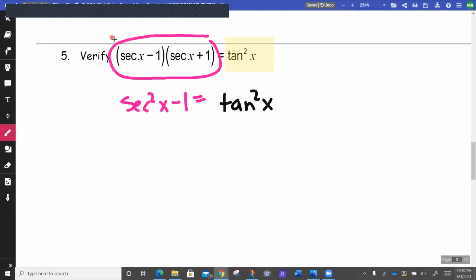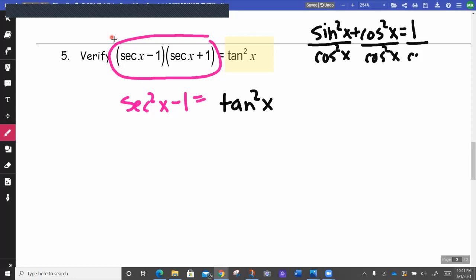So I'm just going to remind us that if I have sine squared x plus cosine squared x equals 1, that is a trig identity. I can get a tangent by dividing by cosine squared x, to get tangent squared x plus 1 equals secant squared x.